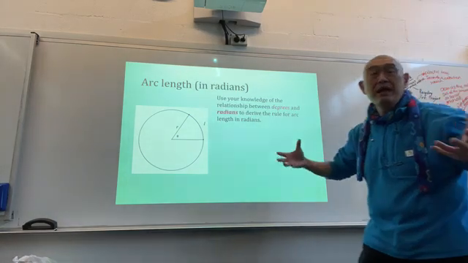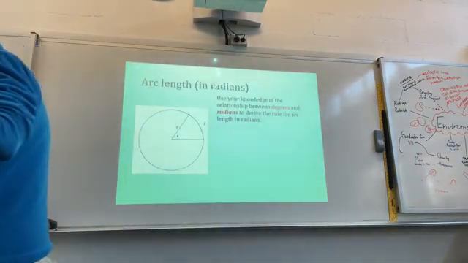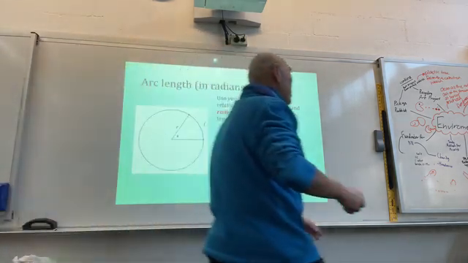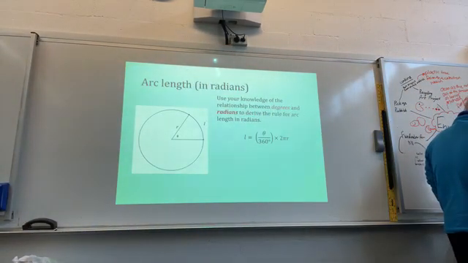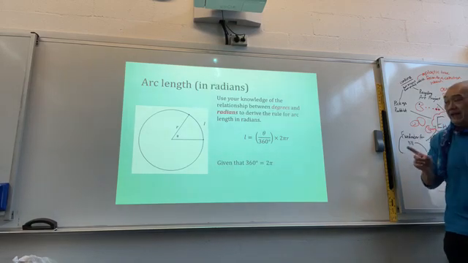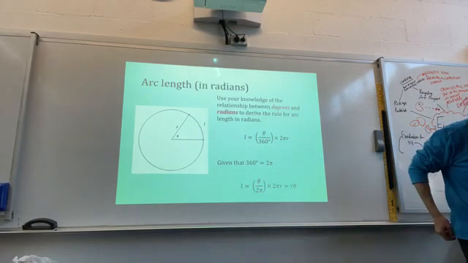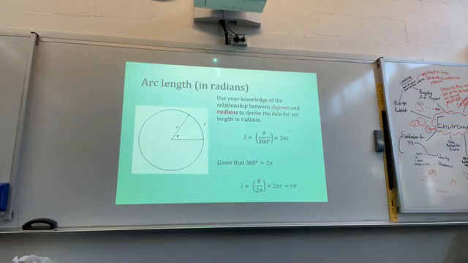Now, can I change that if the angle is given in radians? What happens when the angle is given in radians? What is 360 in radians? 2 pi. So if we substitute 2 pi in for 360, can we then cancel off the 2 pi? So if the angle is given in radians, L, the arc length, is just radius times the angle.